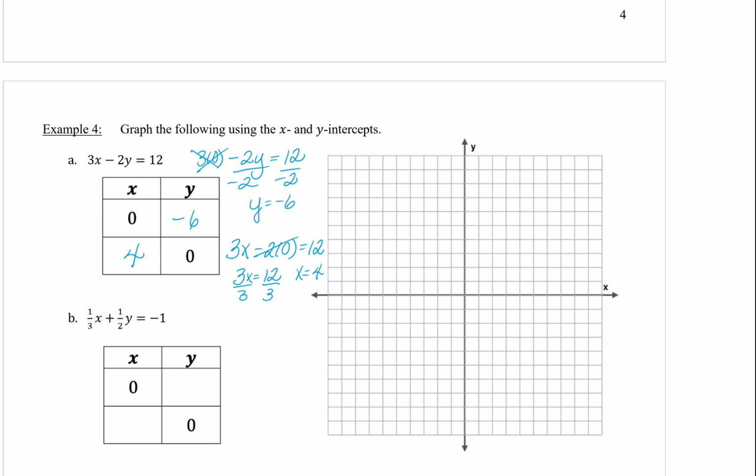So then I can just graph those with the intercepts. So 0, negative 6, and 4, 0. And then through any 2 points, we can draw exactly one line.